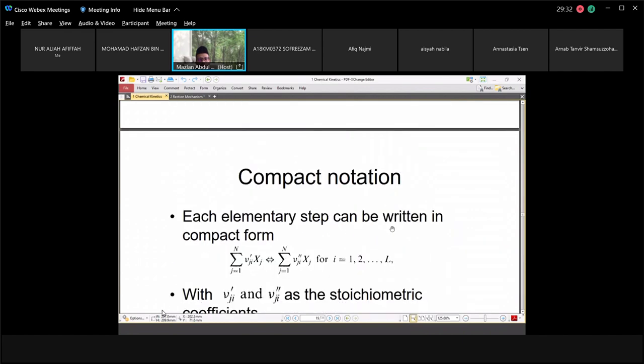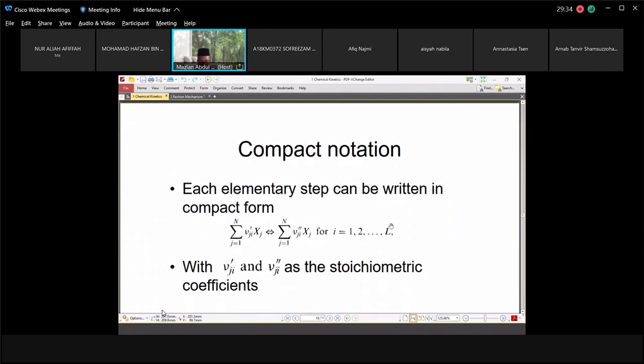We also introduced a compact notation, writing them in a compact way. In this case we have only 4 reactions, but for many elementary reactions, maybe 300 or 500, we have to simplify the notation. So that's what we call compact notation.